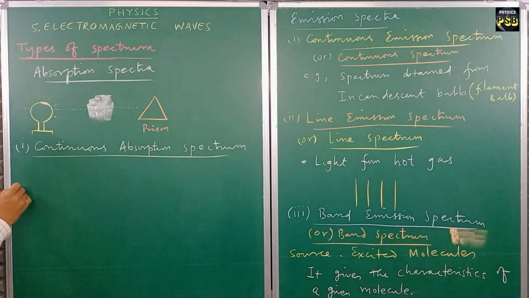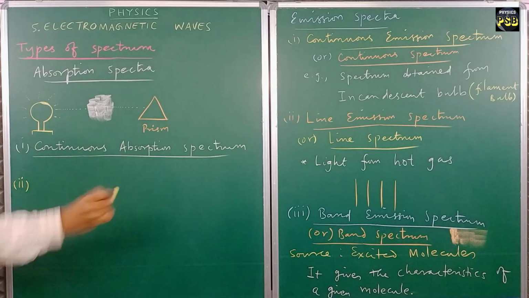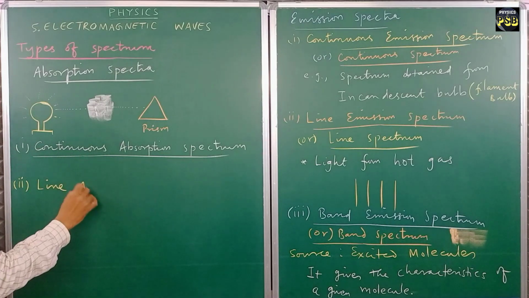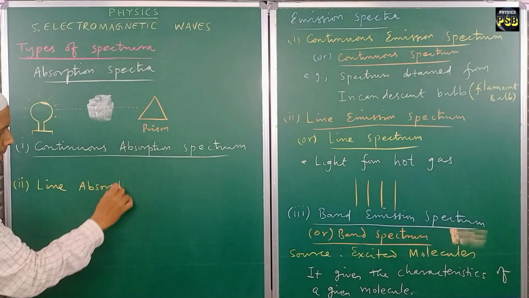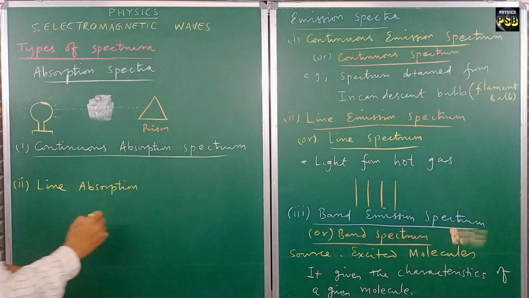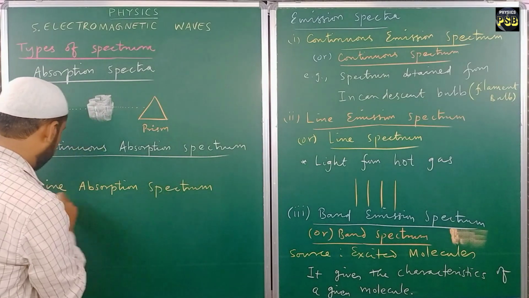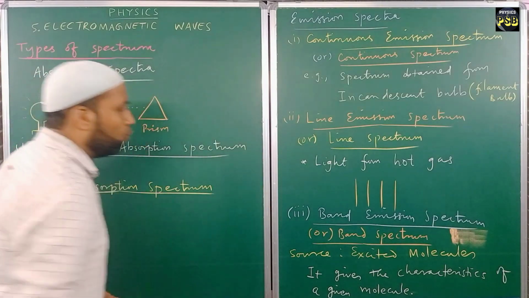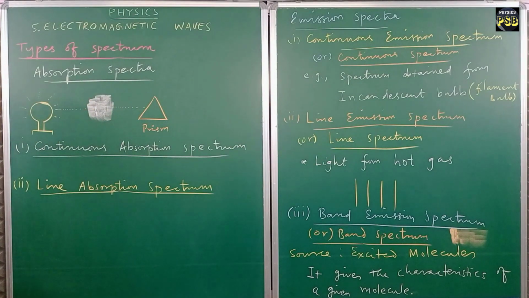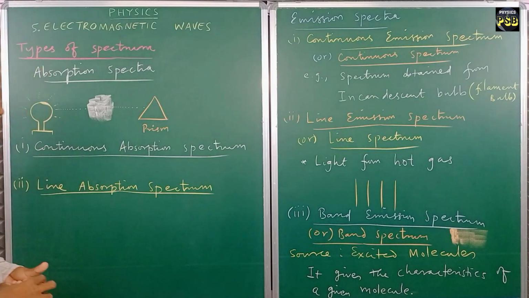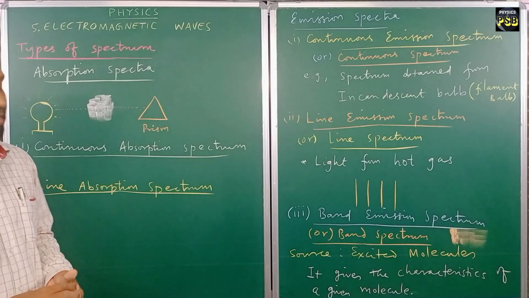Then the second one is the line absorption spectrum. Now, when light from a source is allowed to pass through cold gas.